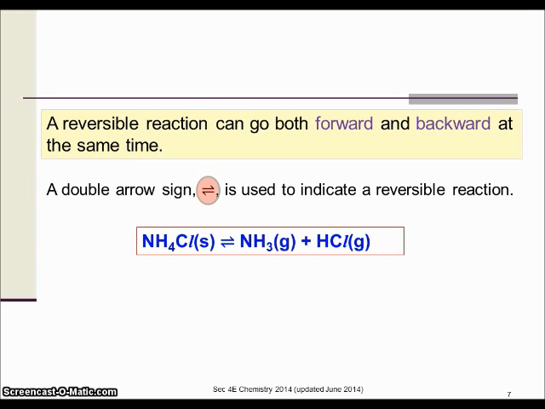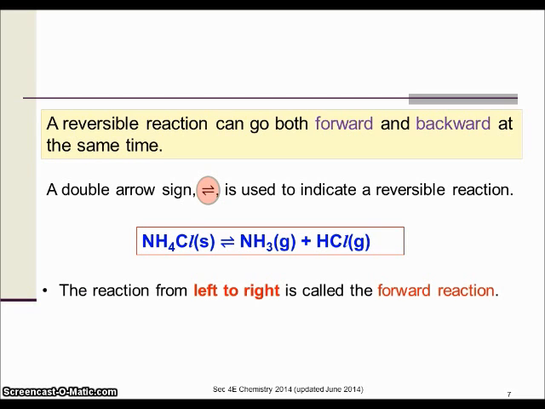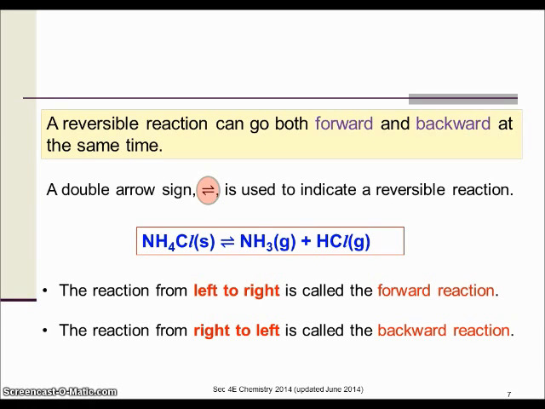Since this is a reversible reaction, we use this double arrow sign to indicate that. The reaction from the left to the right is called the forward reaction. In this case, it is the reaction of your ammonium chloride to form your ammonia and your hydrogen chloride gas. Now, the reaction from the right to the left is called the backward reaction.